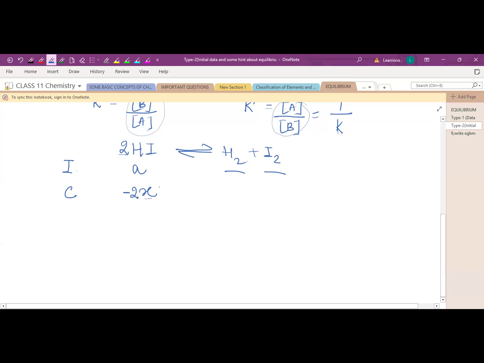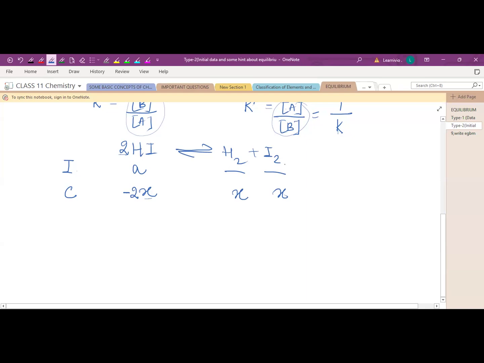So the concentration now at some middle point, after some time when the reaction is going on, the concentration of reactant will be reduced by minus 2x, and the concentration of product, which is H2 and I2, will become plus x and x. The reactant concentration decreased by 2x, and this is used to form the products H2 plus I2.